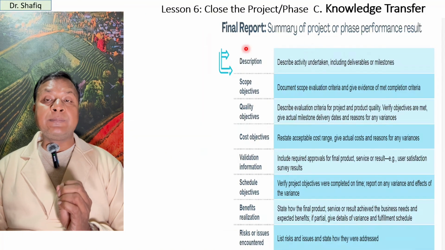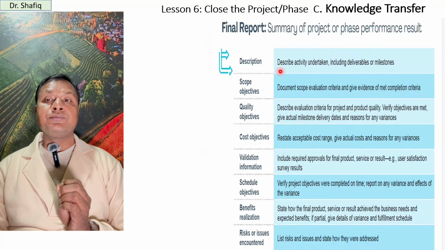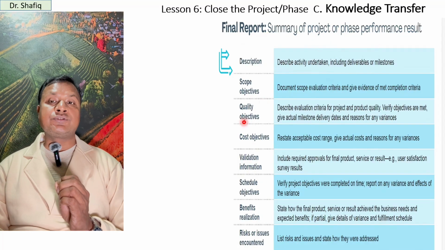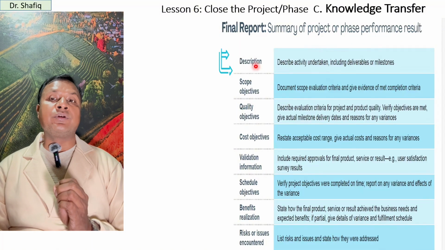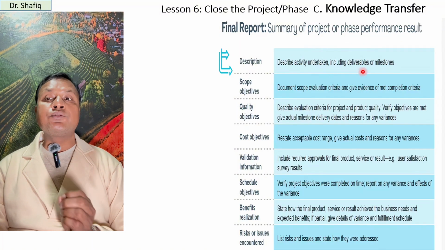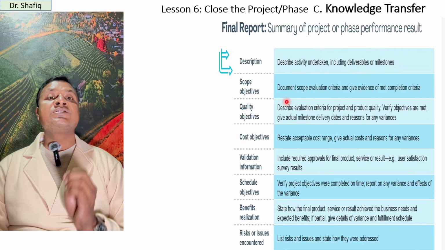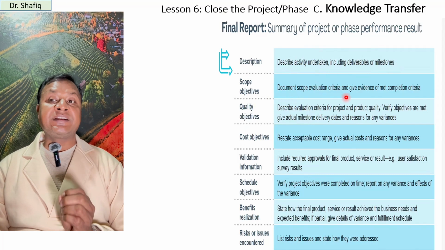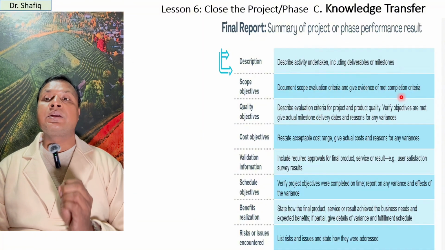So this is the final report. In a final report, we can make a summary. In the summary, these are the issues or subjects we should include. Description of the project, describe activity undertaken, include deliverables and milestones. Scope objectives, document scope evaluation criteria and give evidence that completion criteria were met.